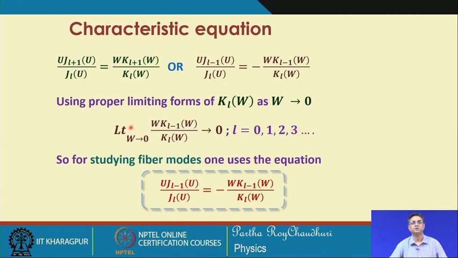So, this quantity is the only possible one, because as W tends to 0, this quantity has to be 0. So, for studying fiber modes, one uses the equation of this form.